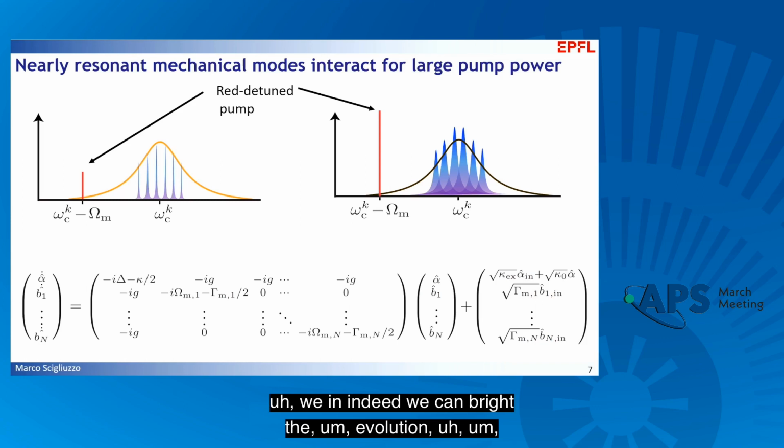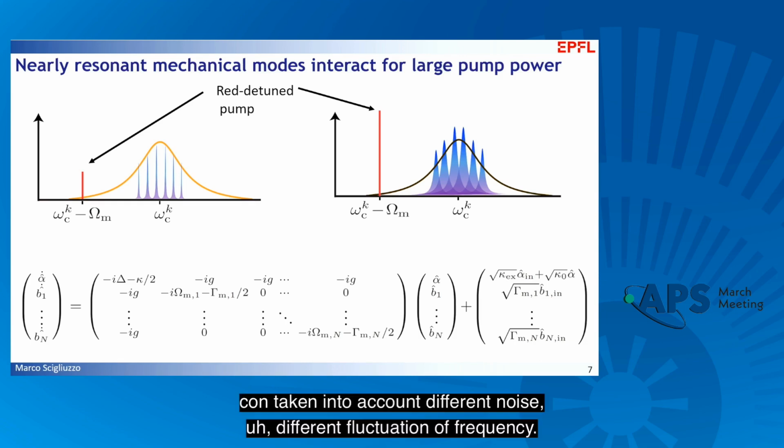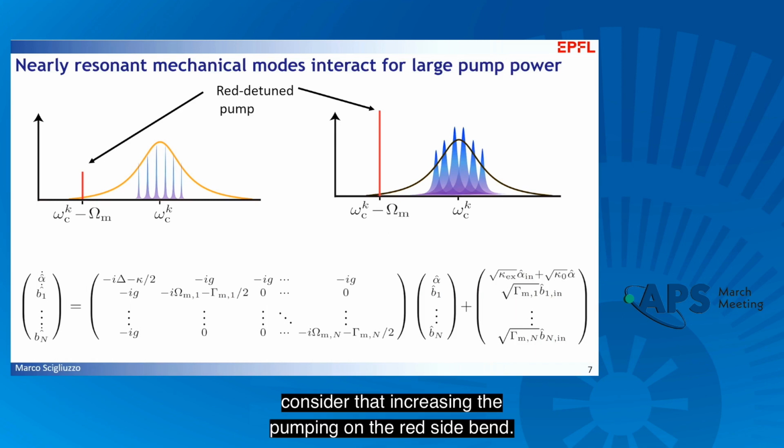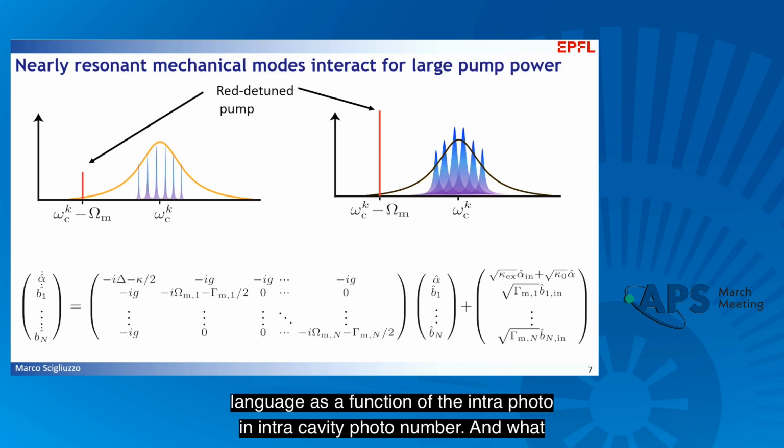And indeed we can write the evolution equation for this system, taking into account different noise, different fluctuation of frequency. And in particular, we can consider that by increasing the pumping on the red sideband, we can control the effective optomechanical coupling. And indeed, we can solve this equation as a function of the pump power, or in the same language as a function of the intracavity photon number.